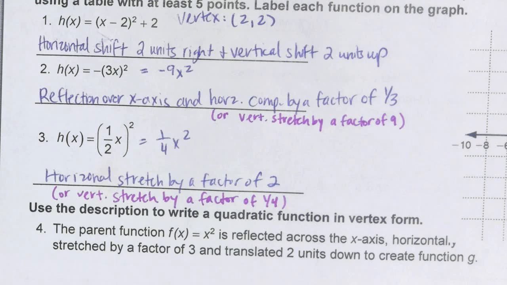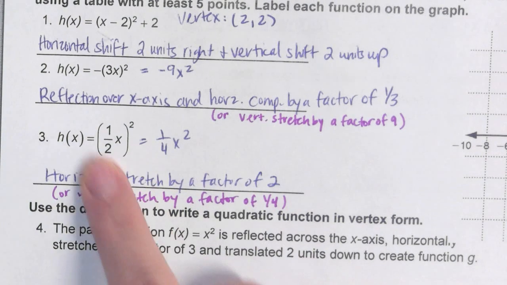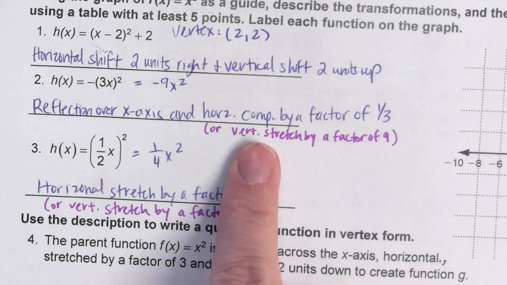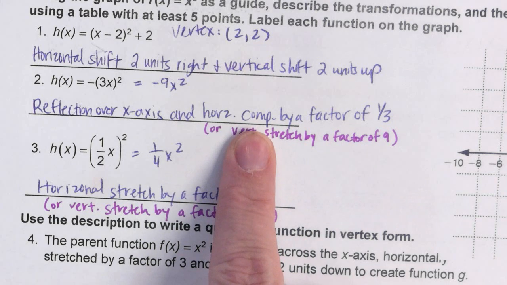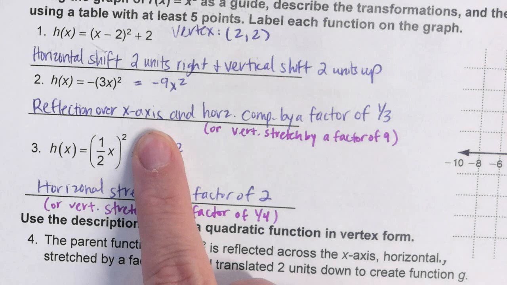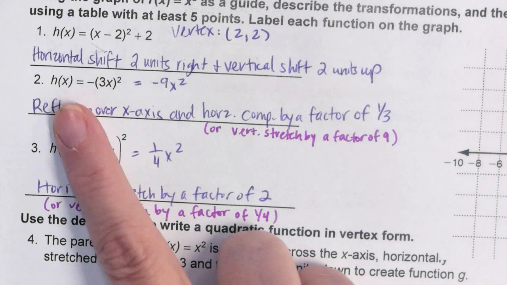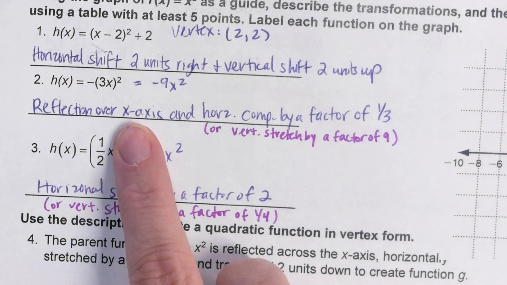Okay, good. Yeah, Lizzie? For number 2, I did the horizontal compression. So it won't be a horizontal compression because you have to use the reciprocal. So you're saying, for either one, you're going to have that negative on the outside, which is the reflection over x.